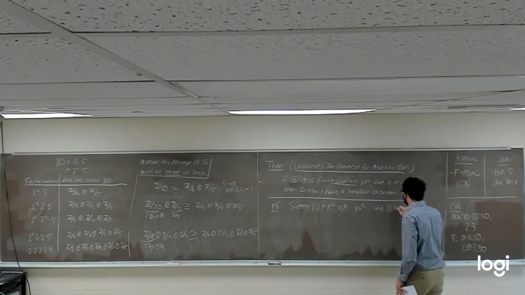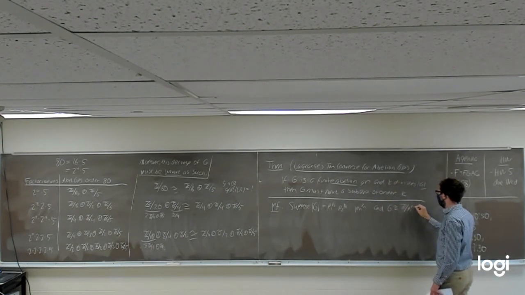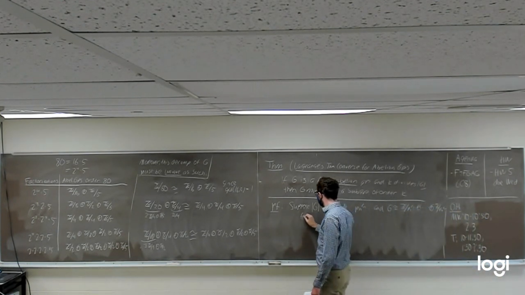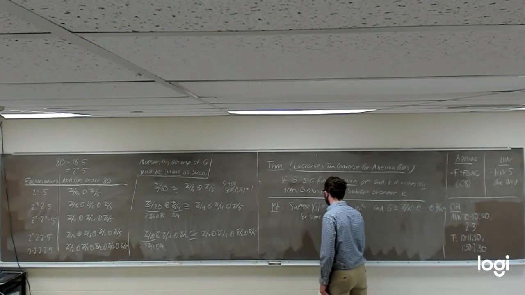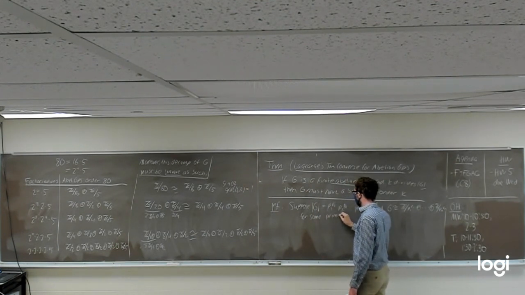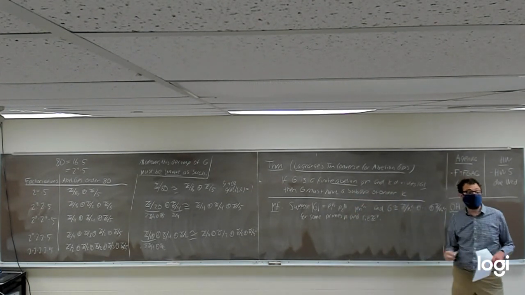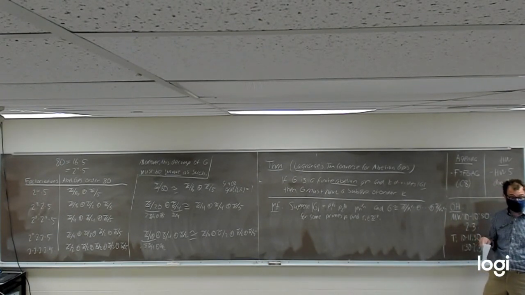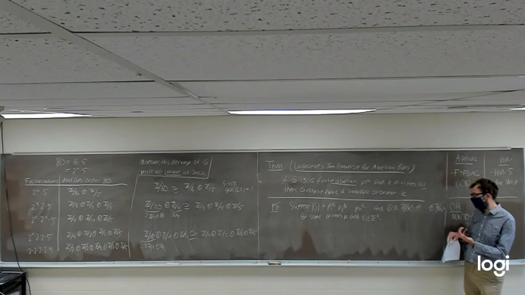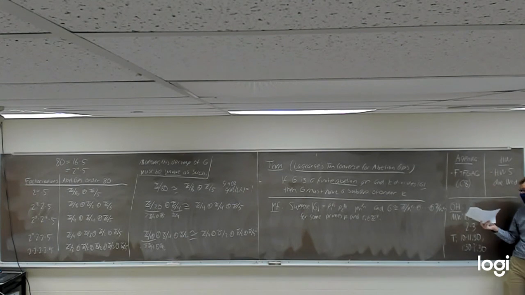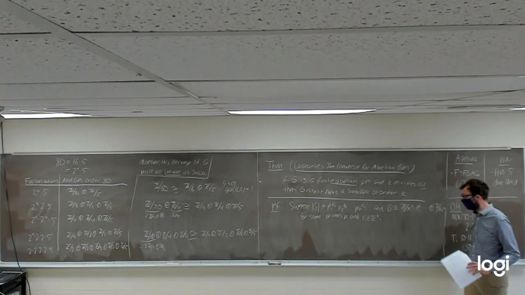And G is isomorphic to Z mod P1 to the R1, direct sum, and so on, Z mod Pn to the Rn, for some primes P sub I and integers R sub I. So in other words, we're assuming we have a finite abelian group, which, according to the fundamental theorem, has to be isomorphic to some expression of this form. So we're going to assume that G is isomorphic to something of this form.